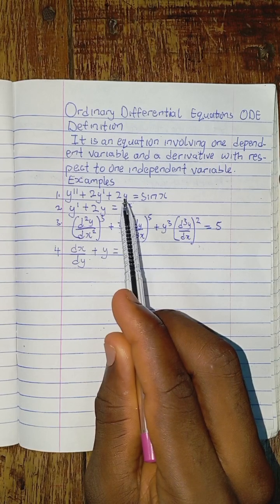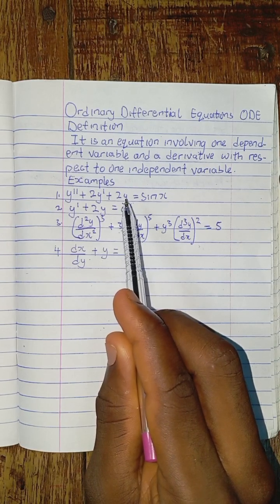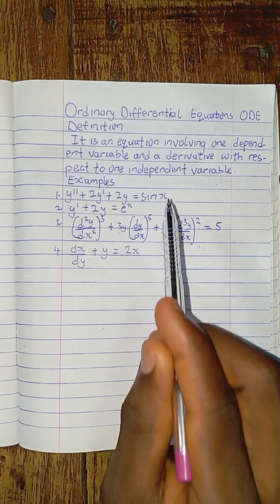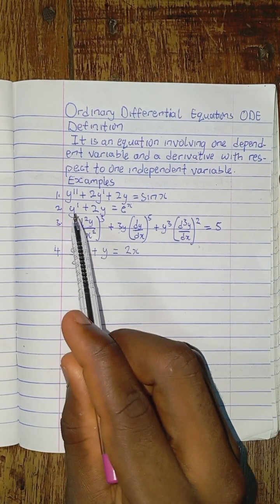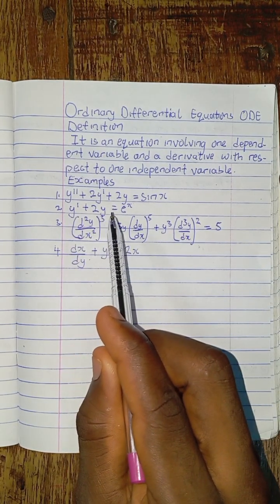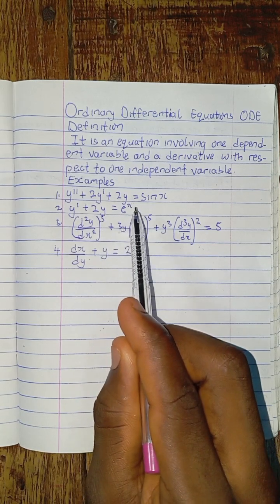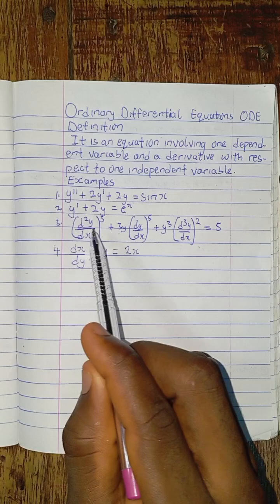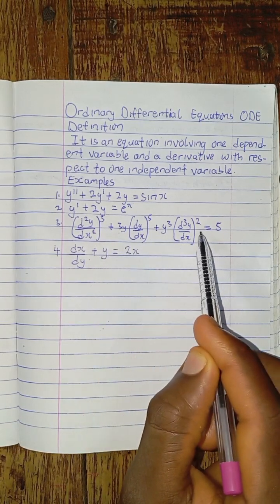So there's nothing like z or d. So we have the dependent and independent. In the second example, y prime plus 2y is equal to exponential x. So this is an ordinary differential equation. Also, this is an ordinary differential equation.